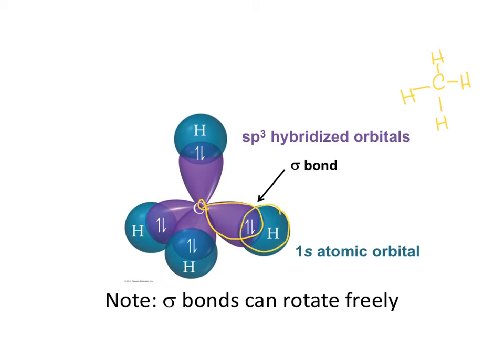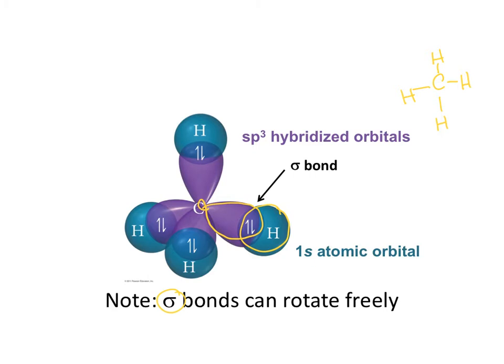Hydrogen never has any hybridized orbitals because all it has available to it is that s atomic orbital in the first shell. And so this is how methane forms the 4 sigma bonds between carbon and hydrogen.